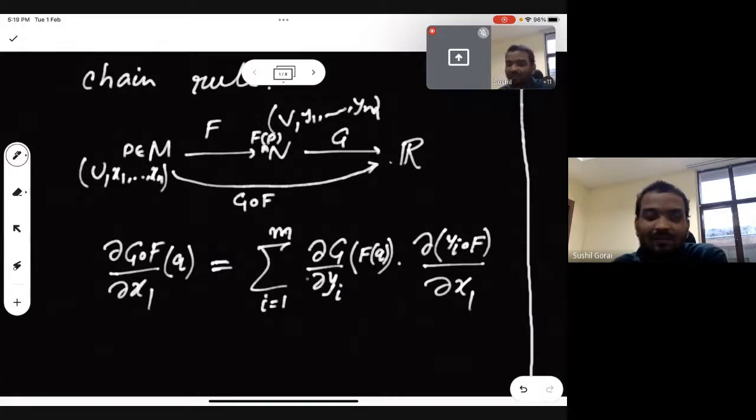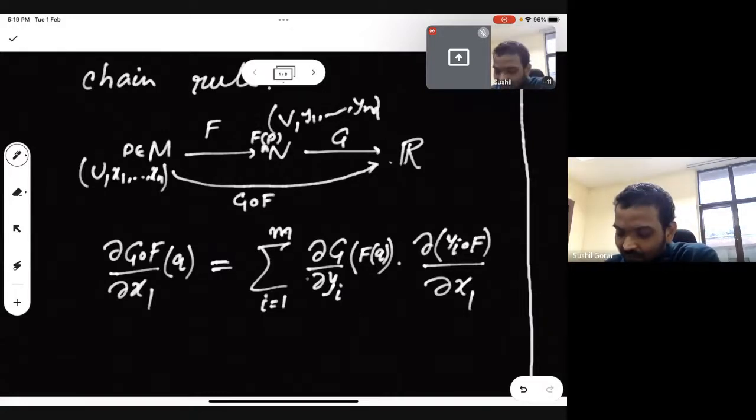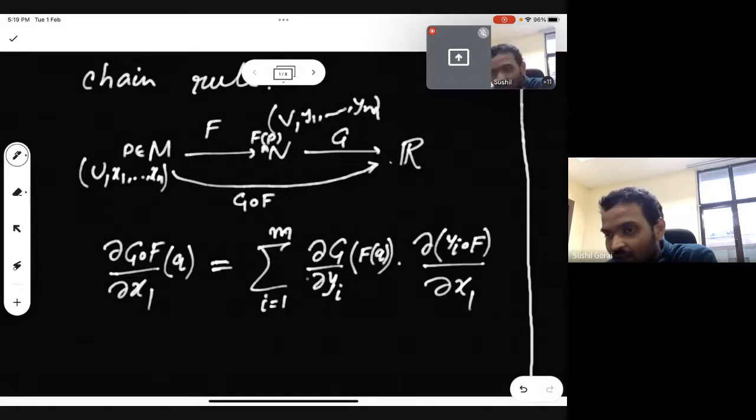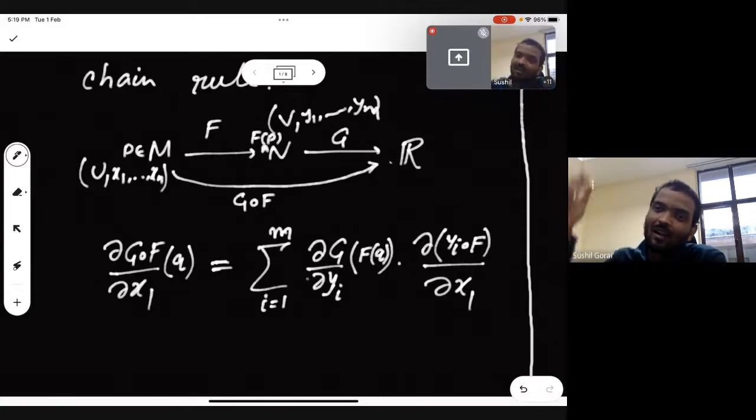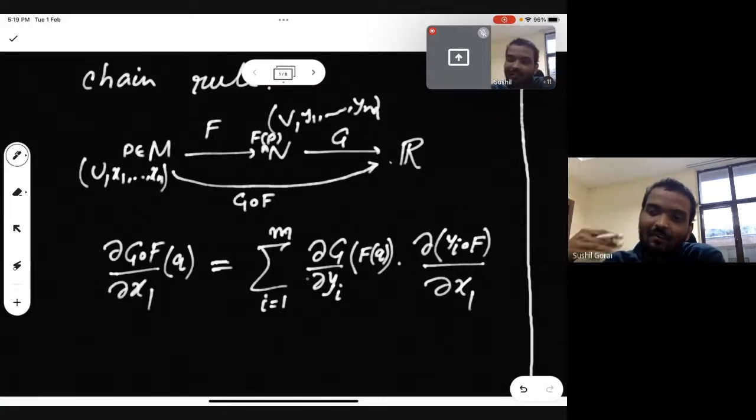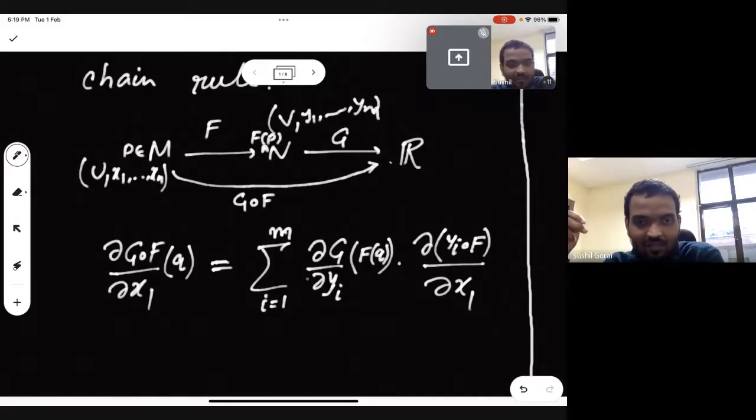Even in Rn, the chain rule is in terms of local coordinates, but fortunately there the local coordinate is a global coordinate. One can make a change of coordinates and look at the new coordinates, and the partial derivatives with respect to the new coordinates may not be the same as the earlier ones.